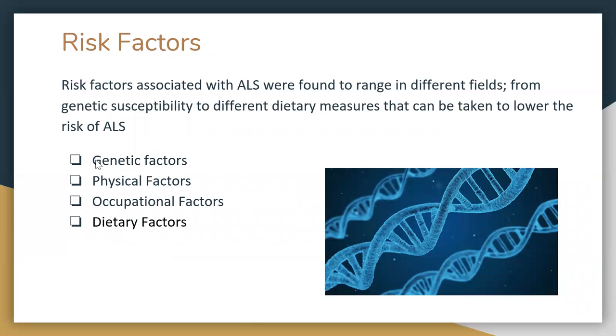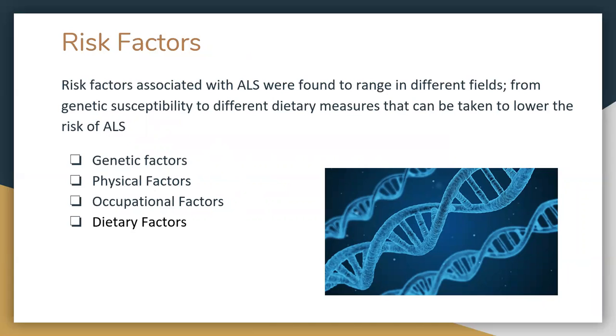So in looking at the different risk factors of ALS, ALS is found to have a range of different risk factors associated with it. So we have genetic factors, and it was found that the hereditary ability to inherit this from your parents is very low, with only 10% of individuals actually inheriting genes that can cause ALS.